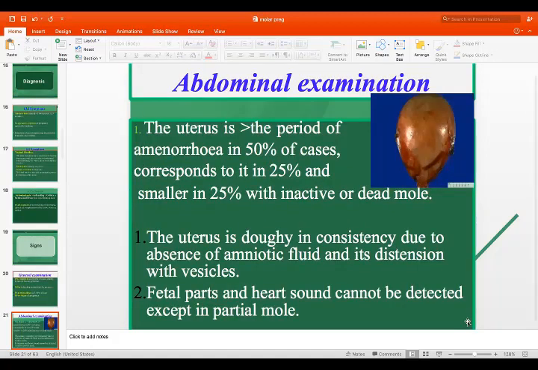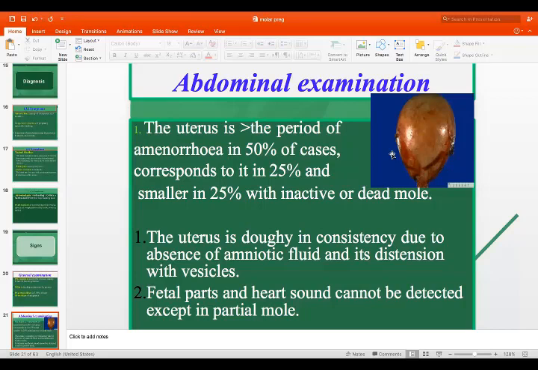Breast signs of pregnancy, there will be more tenderness of the breast, and when we examine the abdomen, we find the uterus is larger than the gestational age, larger than the actual duration of pregnancy, and it is doughy in consistency. It is soft due to the absence of amniotic fluid and its distension with vesicles.